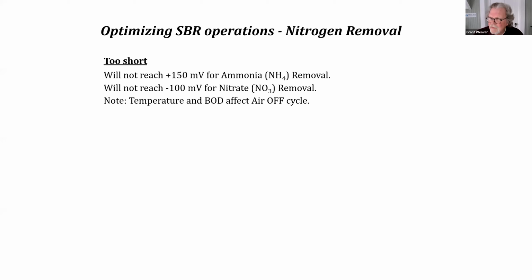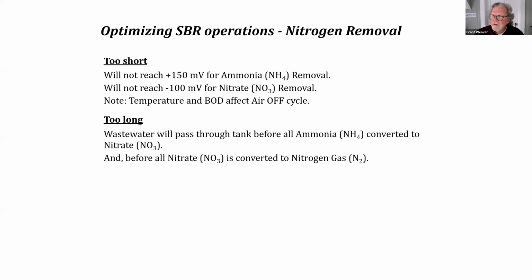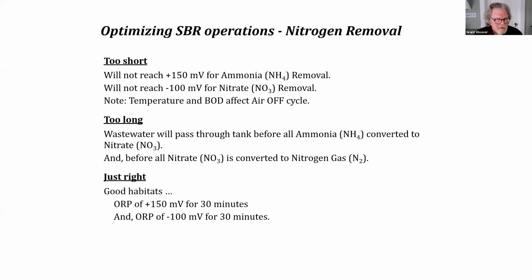I did that once. Hope nobody from Connecticut DEP's listening, because they can come back for me for that probably. If the cycles are too long, you won't be able to treat all the wastewater through the 2 cycles. So just right, we bring it up aerobic enough to get the action, we bring it down anoxic enough.